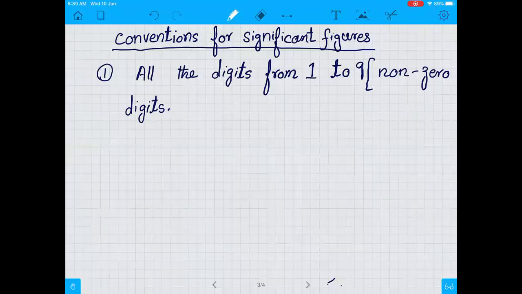When we say all the digits from 1 to 9, it means non-zero digits. So all the digits from 1 to 9, that is non-zero digits, are always significant.